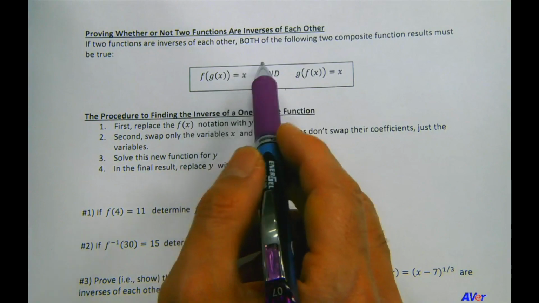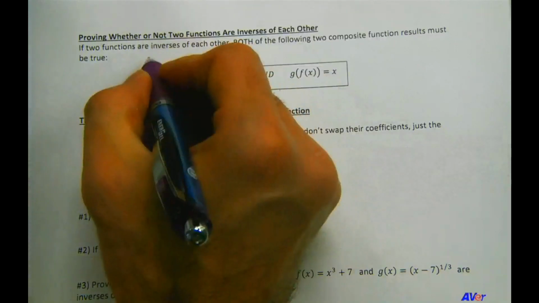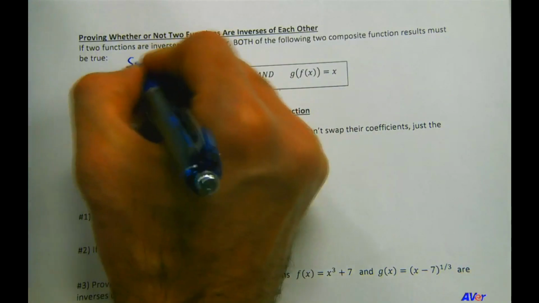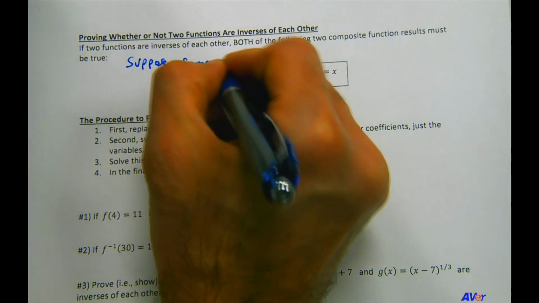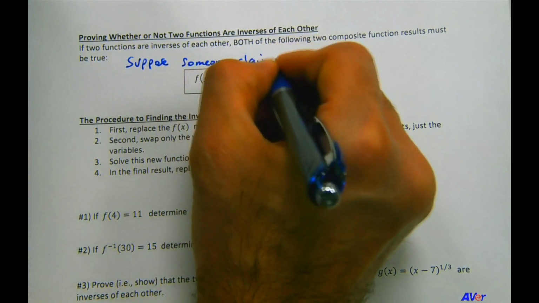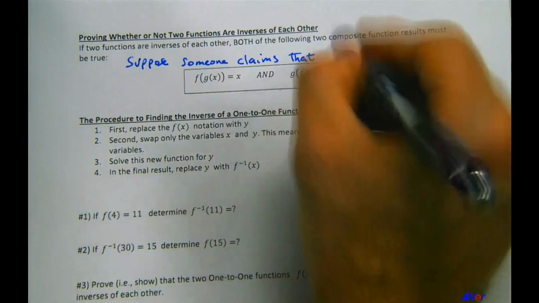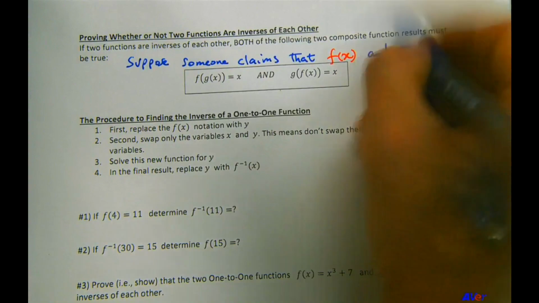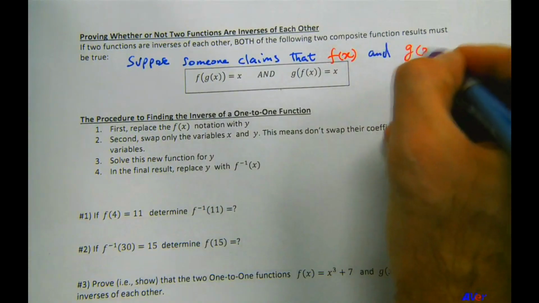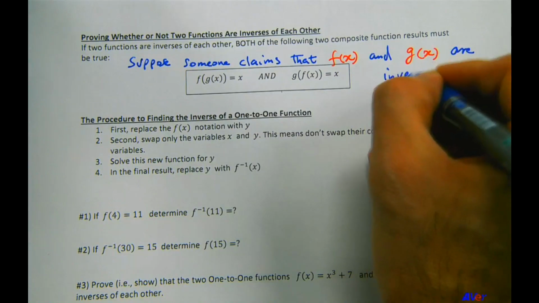So suppose someone claims that f of x and g of x are inverses of each other.